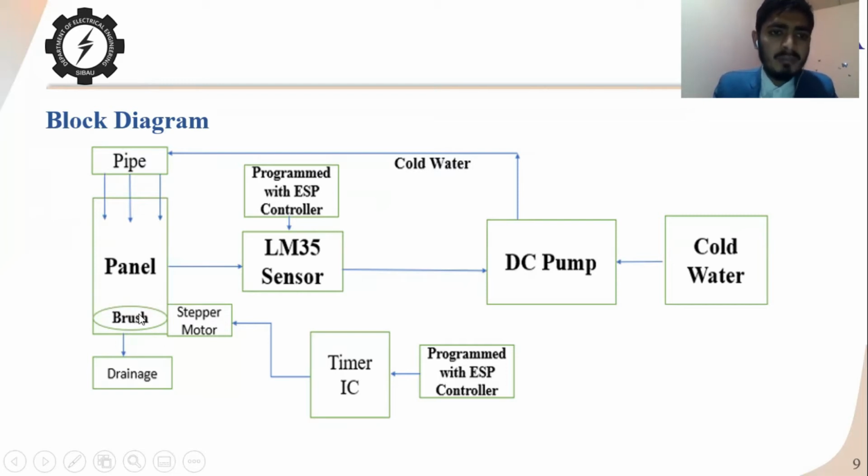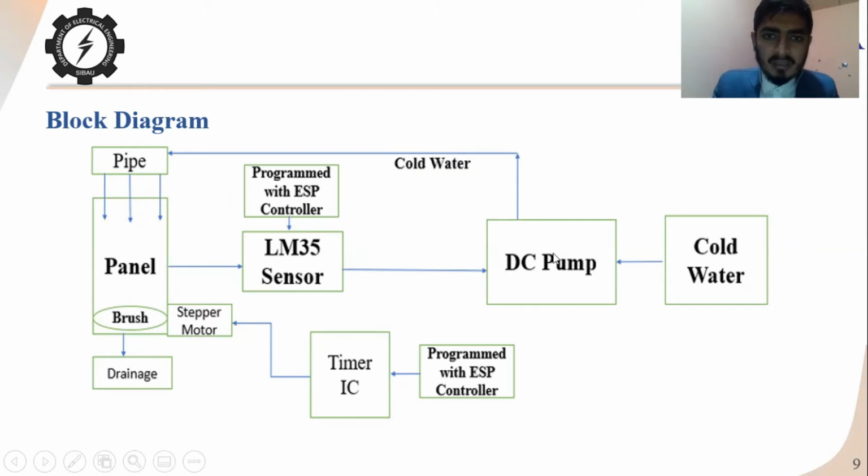This is a roller brush which is used to clean the PV panel by rotating itself, and the brush will be rotated with the help of a stepper motor. And on the bottom side, there is also a drainage system for the PV panel. The water which has cooled the PV panel will flow through the drainage system.